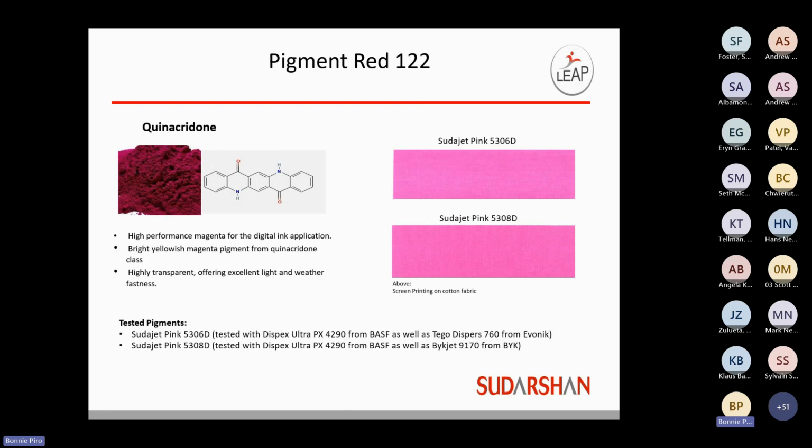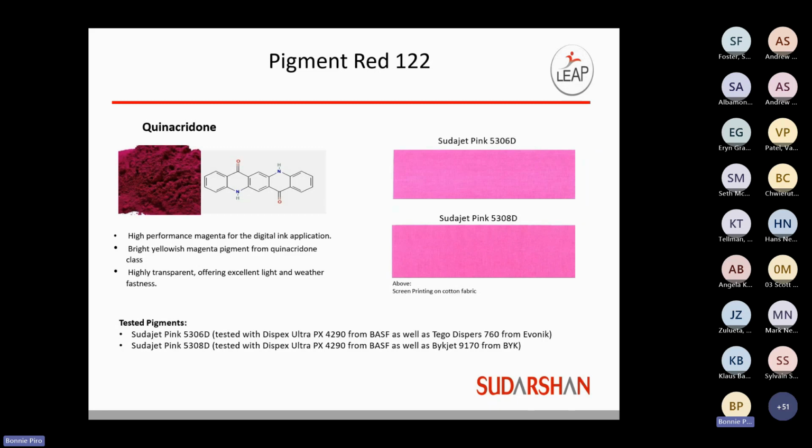And in some cases, the same dispersant can be used, but in other cases, there might be a more specific dispersant to be used. So even though we're talking about two Pigment Red 122s here, among the various dispersants that we've tested, one from BASF worked with both of them very well.